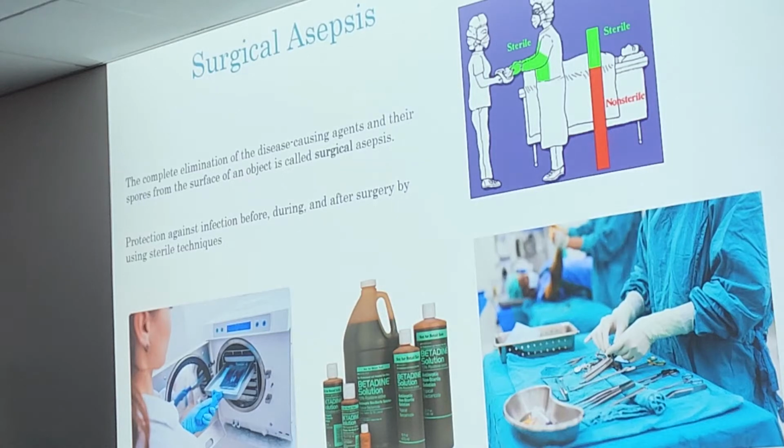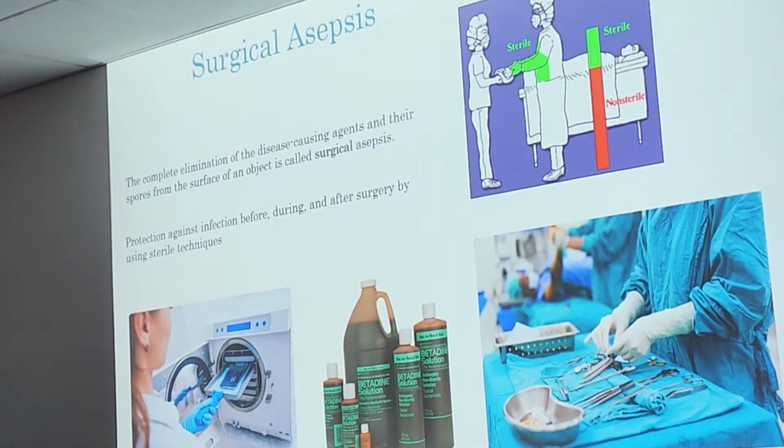If you're in the OR this week, you will notice that there is a lot of sterile equipment that will be used, and all of that is sterilized in what is called an autoclave. Anyone know what that is? UV, right? So it's basically a machine that uses high pressure steam in order to completely destroy all microorganisms.